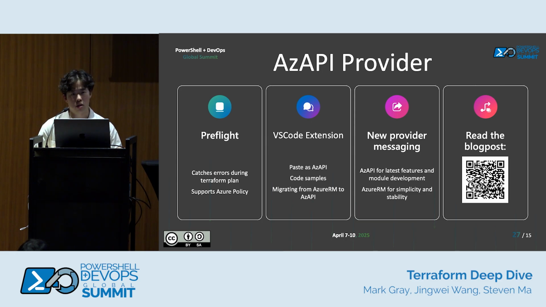The first thing that it can do is say, hey, if your SKU is invalid or if some sort of basic resource provider sanity check fails, it will immediately tell you that that's going to fail without you having to run an actual apply. The second thing it can do is it supports Azure policy. So if you have your policies set up and you're not actually allowed to create a storage account of that tier, it's going to tell you before you actually try to apply that thing.